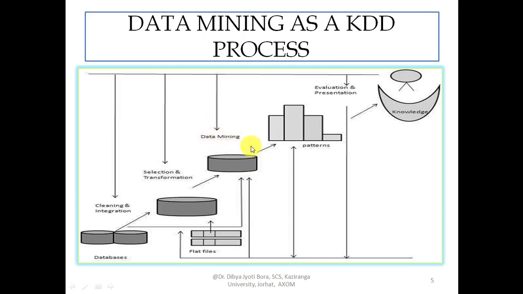After applying those intelligent data mining techniques, we'll have patterns, and then we'll evaluate the patterns based on some metrics, whether these patterns are useful for us or whether these are the patterns we are looking for. After the patterns are evaluated, we will represent them in some meaningful forms, and they are nothing but our knowledge. Well, this diagram is clear to you. So this is data mining as a KDD process.